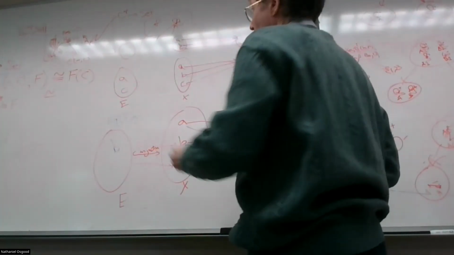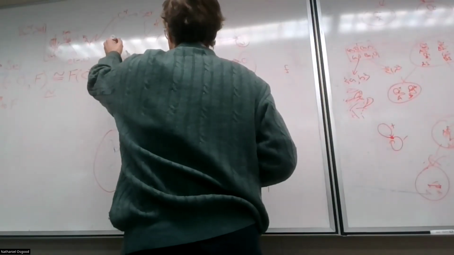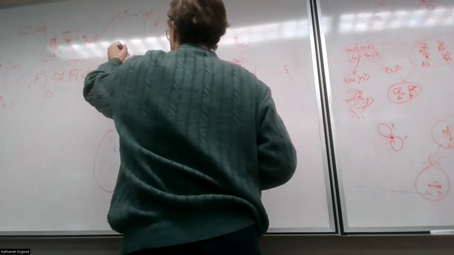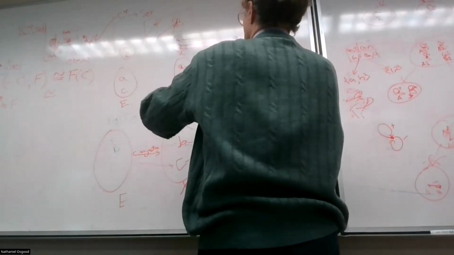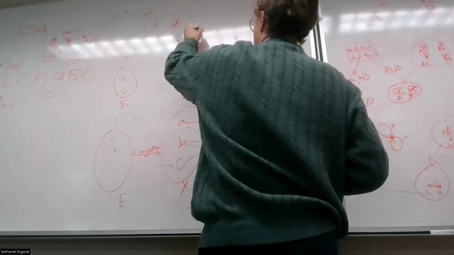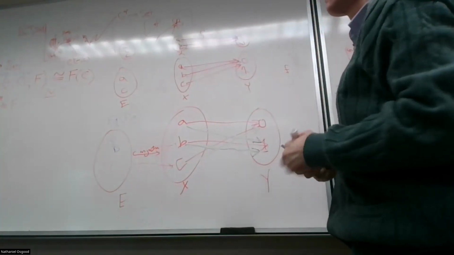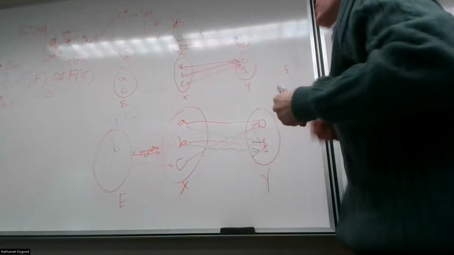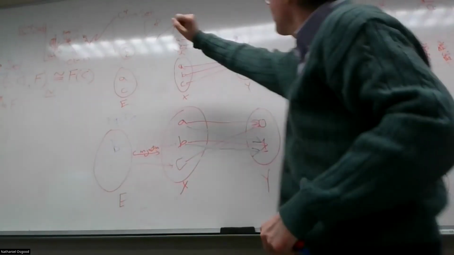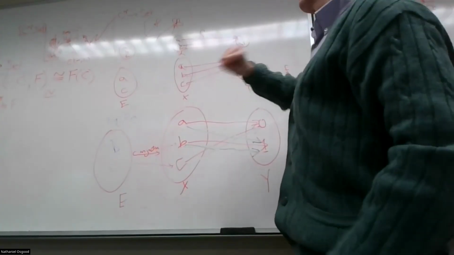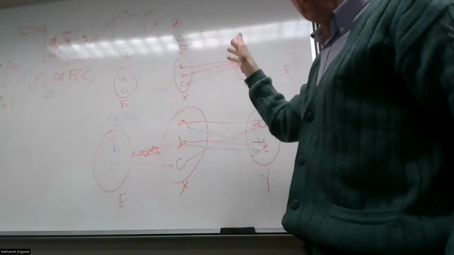Capital X. It's the entirety of capital X, so it's A, B, C. So here, this is for the very special case where F equals G. It's the subset for which these are equalized. F and G. Are we comfortable with that?